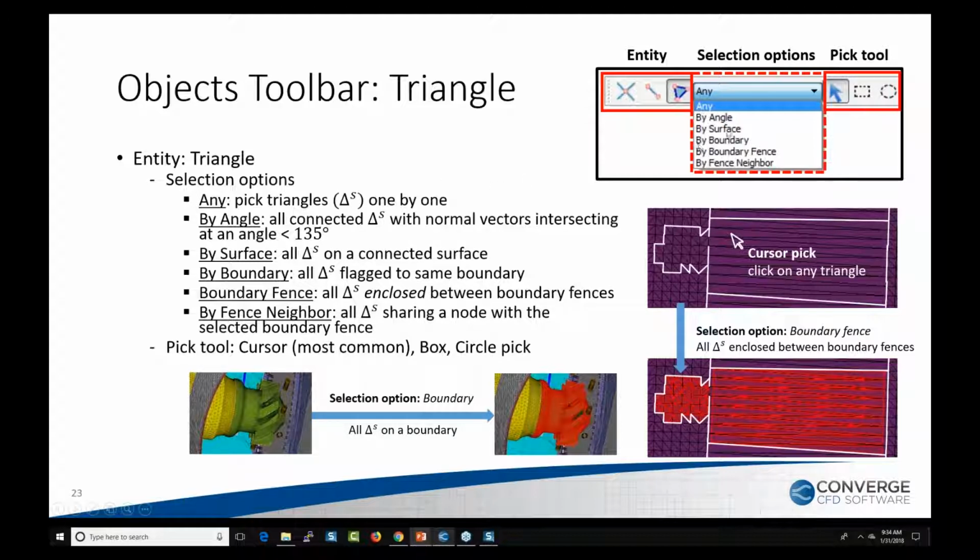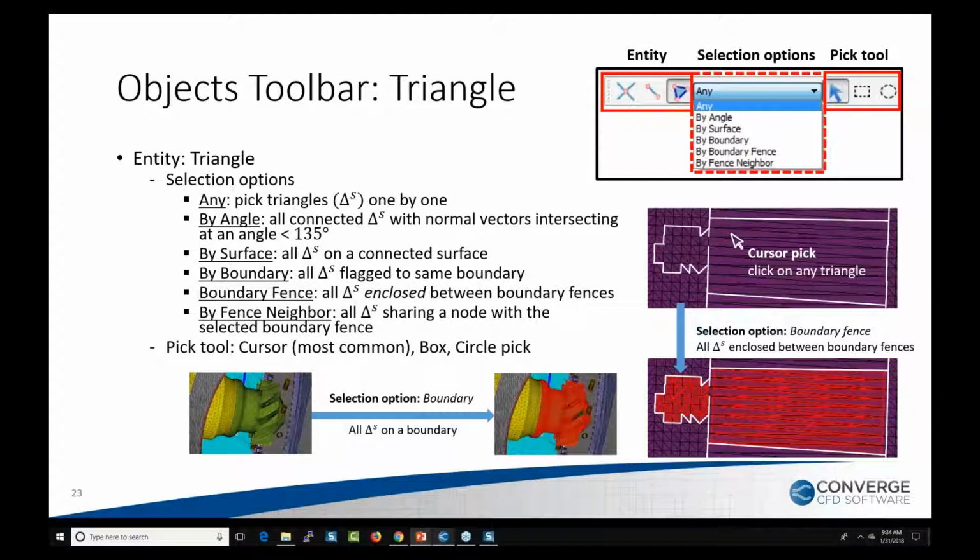Pick by an angle will pick all connected triangles whose normal vectors intersect at less than an angle of 135. You can click on one triangle and it will try to select all triangles which satisfy this criterion.